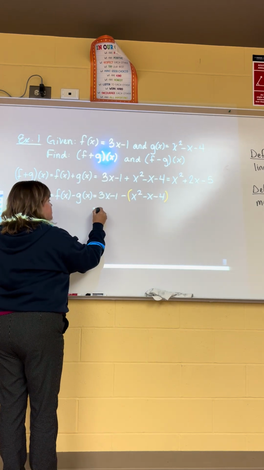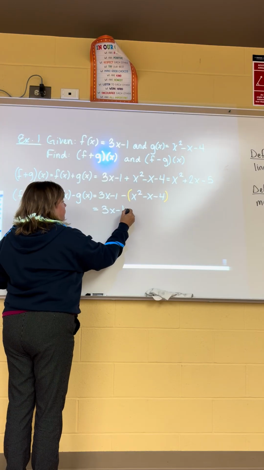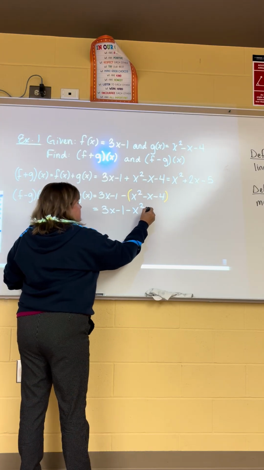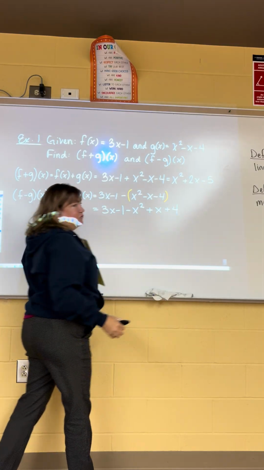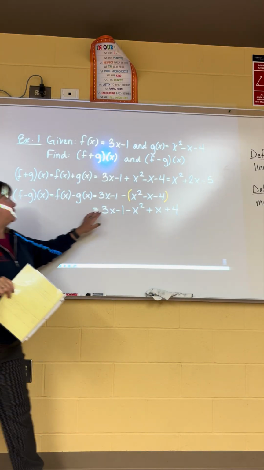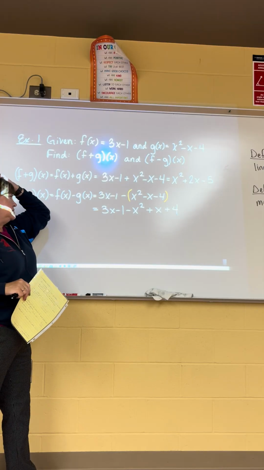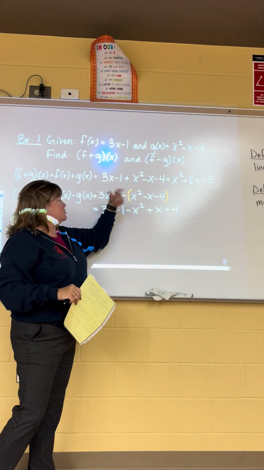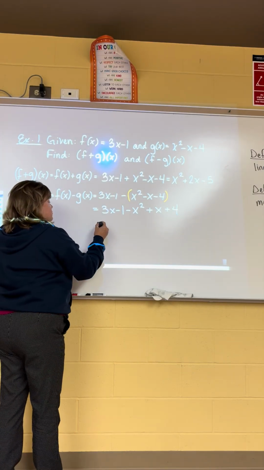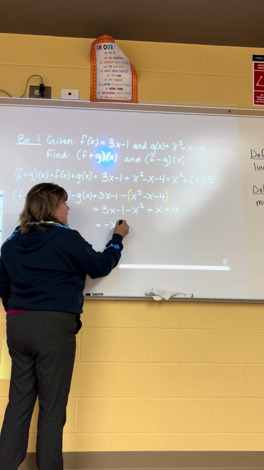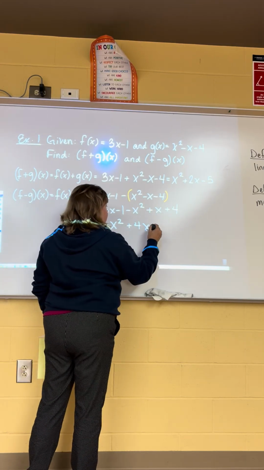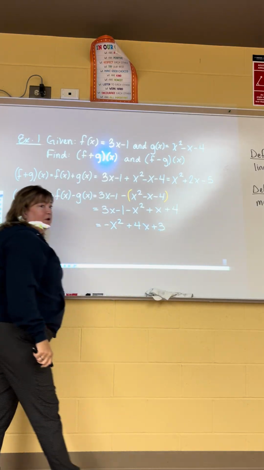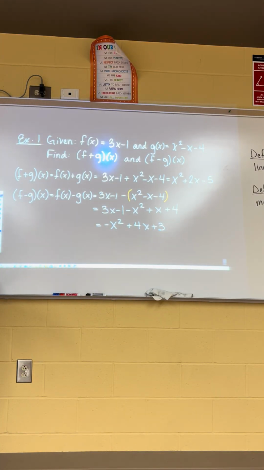So this turns into 3x minus 1 minus x squared plus x plus 4. You can skip this if you wanted. You don't have to write this. Then you could just do the math in your head, but just be careful. Minus x squared, 3x plus x is 4x. Negative 1 plus 4 is plus 3. Good there? Yeah. Okay.